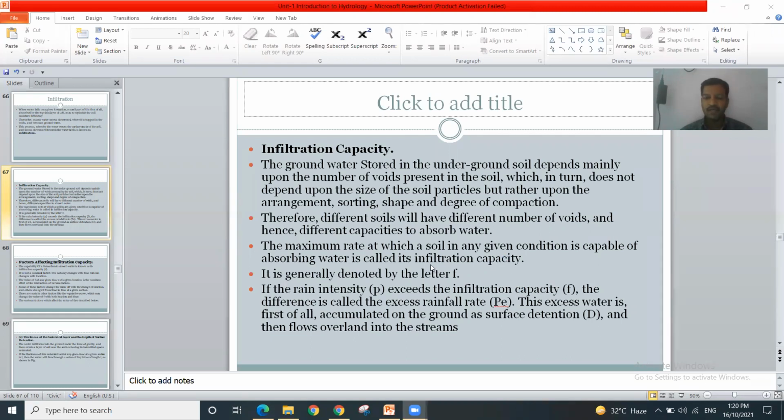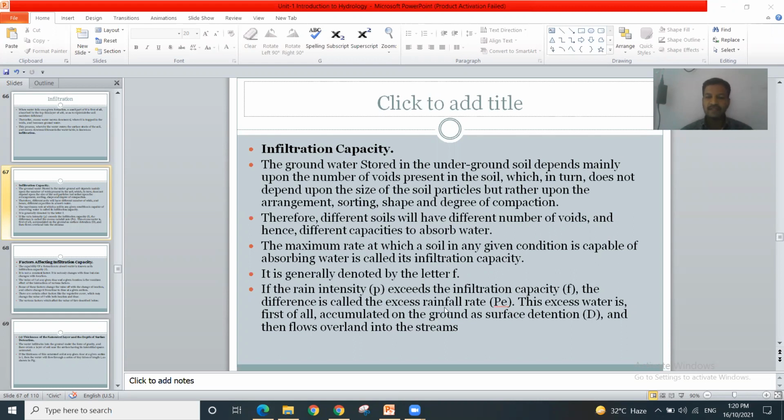The rainfall rate will be more. There will be excess rainfall when the intensity of rainfall P is greater than infiltration capacity, and in that case the water will flow over the ground surface.